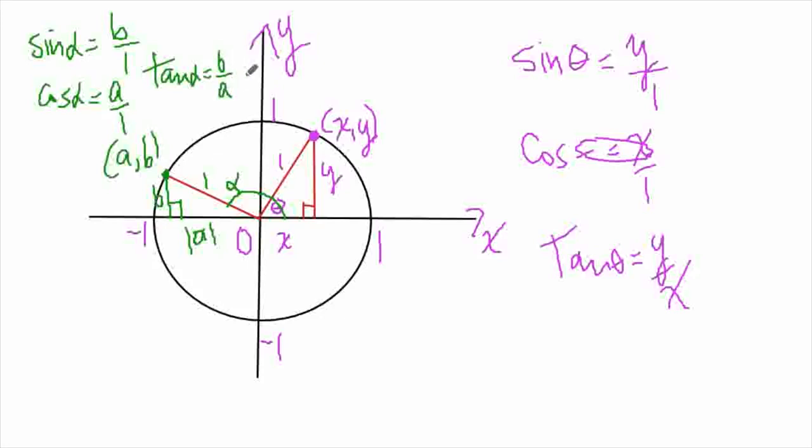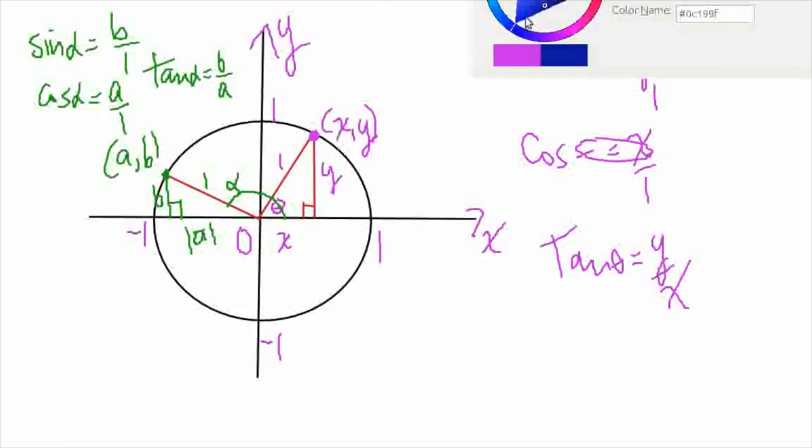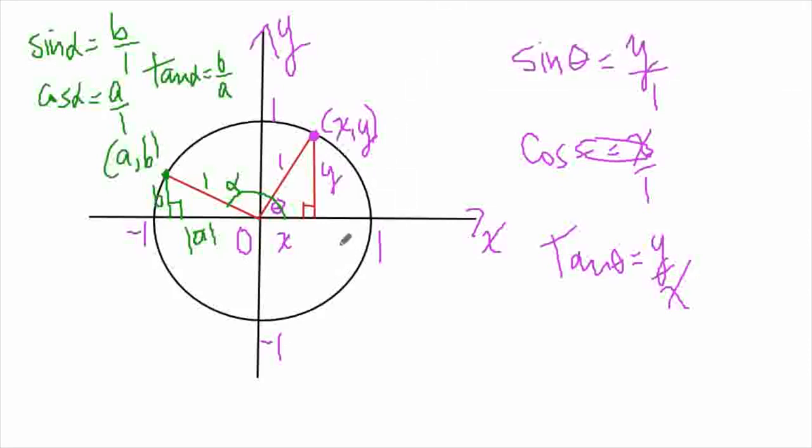All right, and now this definition is much more powerful. You can see certain patterns now. For example, for any right triangle the Pythagorean theorem holds. So for the first right triangle that I drew, x squared plus y squared has to equal 1, because the hypotenuse has a length of 1.